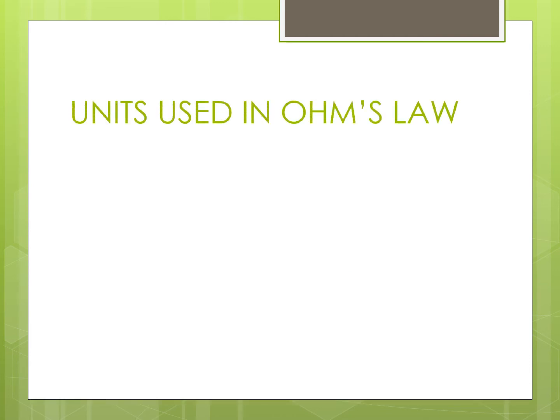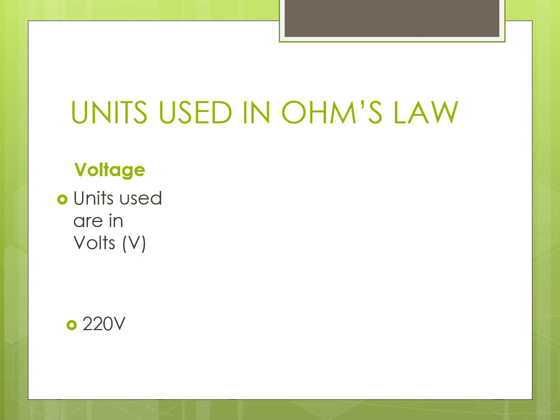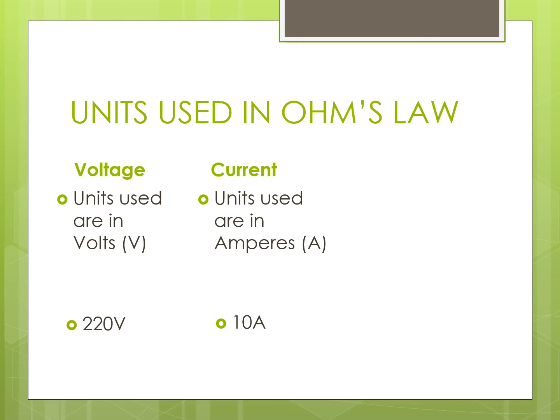Let us now proceed to the units used in Ohm's law. For voltage, the unit used is volts, or letter V. For example, 220 volts. For current, units used are amperes, or A. For example, 10 amperes.